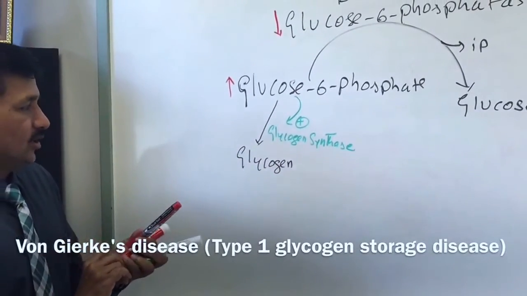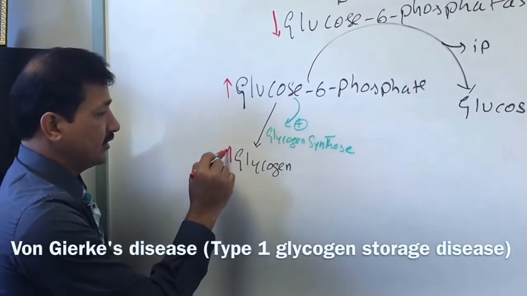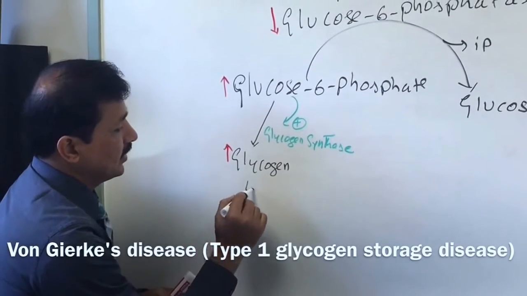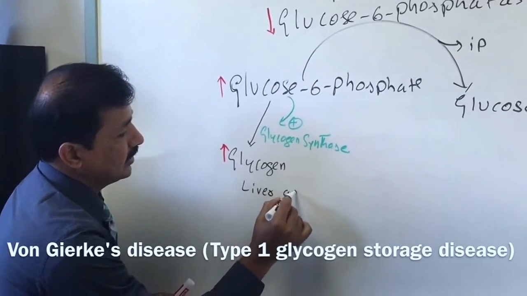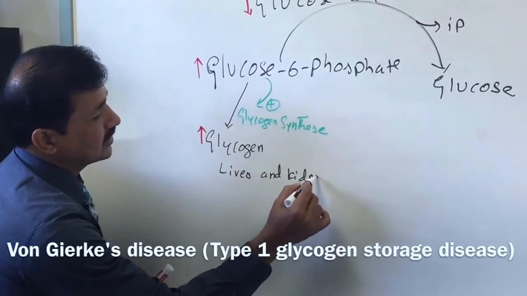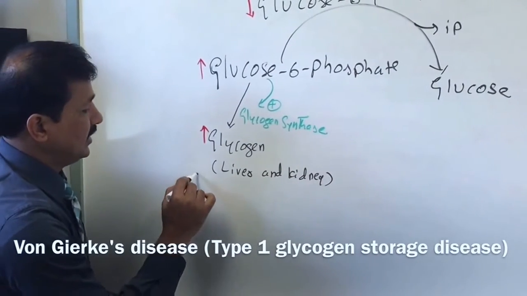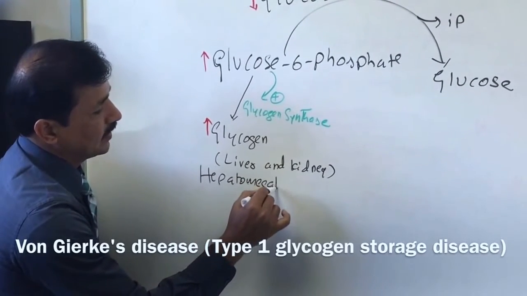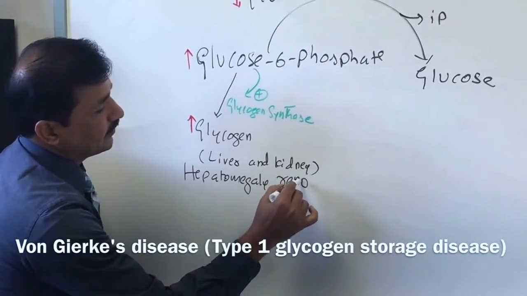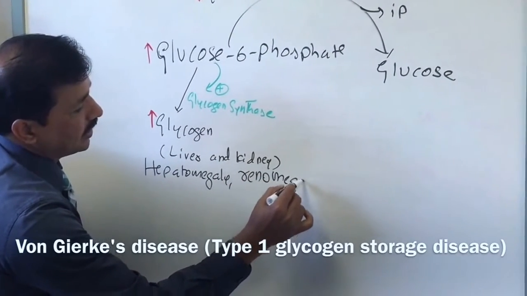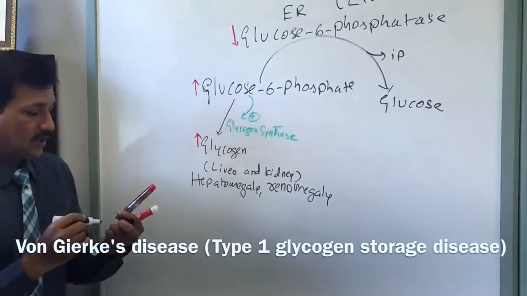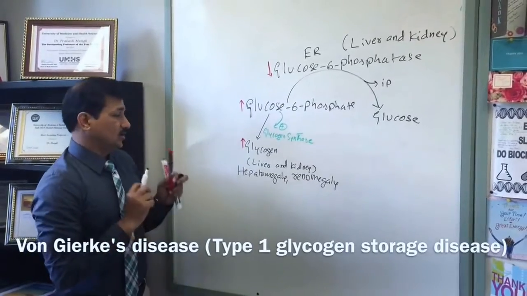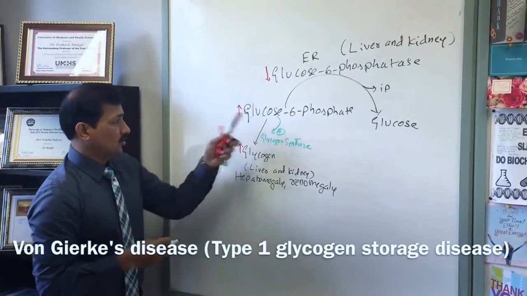It means it will lead to accumulation of glycogen in the liver and kidney, and that is why you see hepatomegaly and renomegaly. Hepatomegaly and renomegaly are commonly seen in Von Gierke's disease because of the deficiency of glucose 6-phosphatase. That's one option for glucose 6-phosphate.